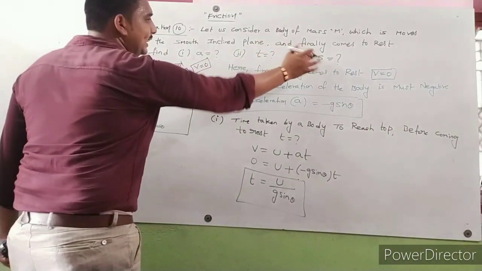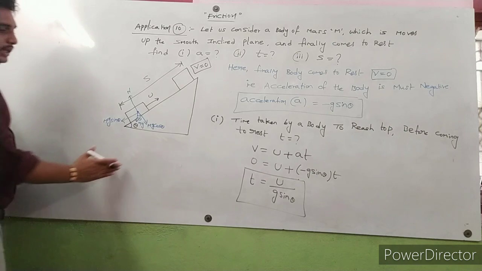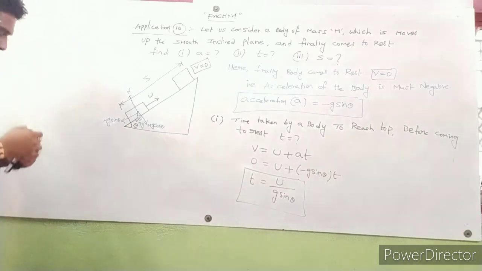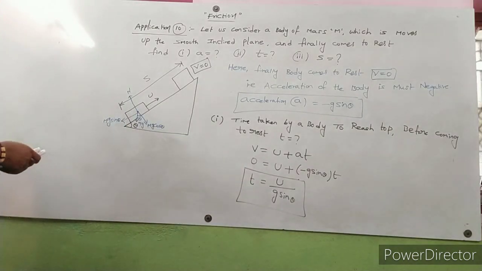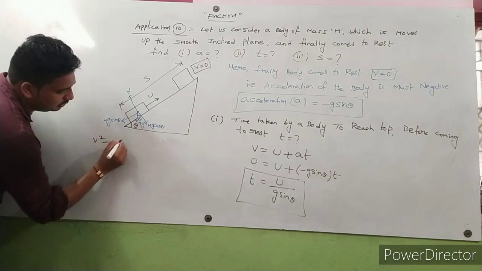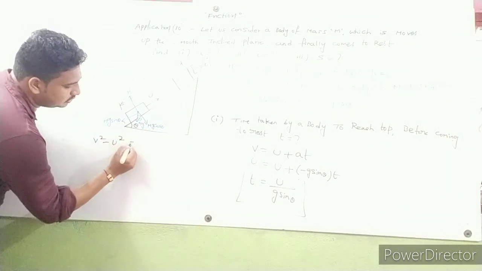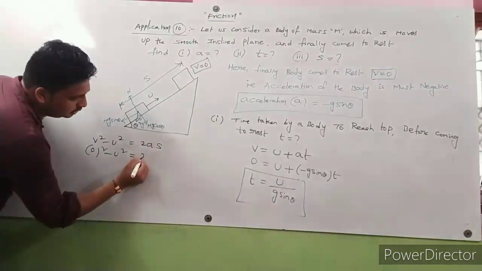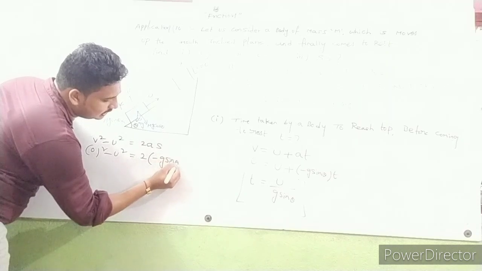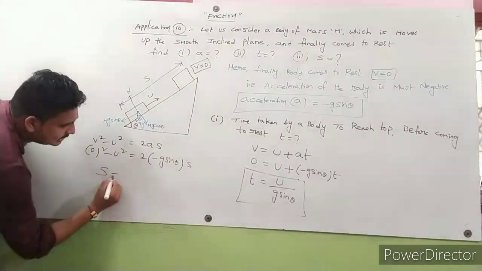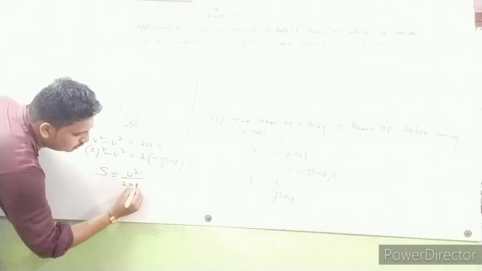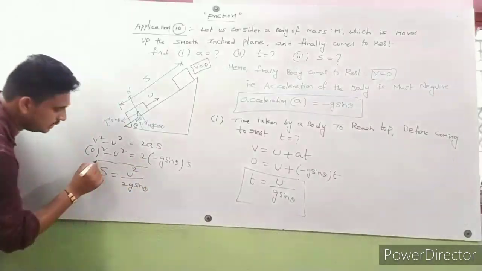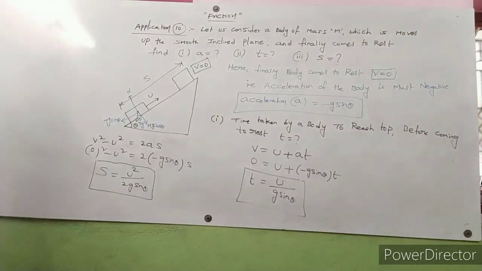Next, what we need to find? S value we need to find. How did we get the S value? We get S by applying this formula: v square minus u square is equal to 2aS. Here v value is 0, u square, 2a means minus g sin theta, into S. That means S is equal to u square by 2g sin theta.